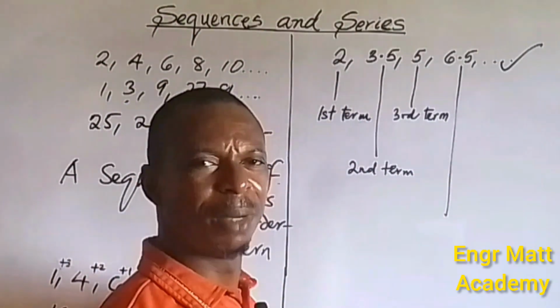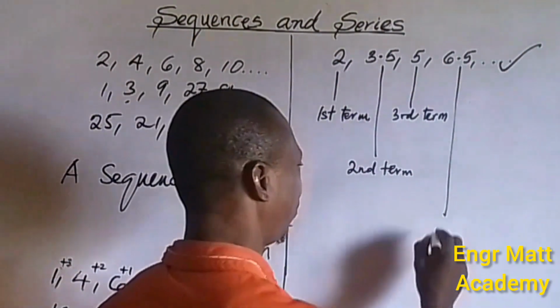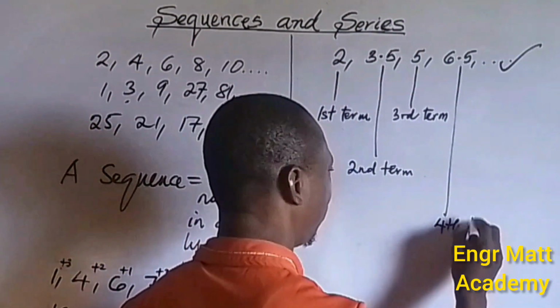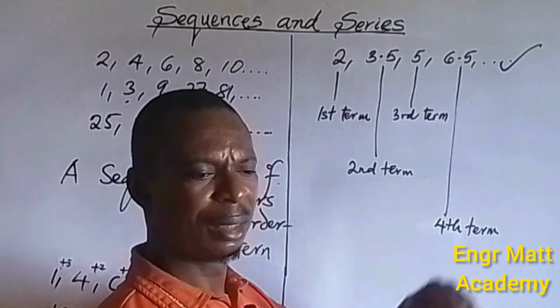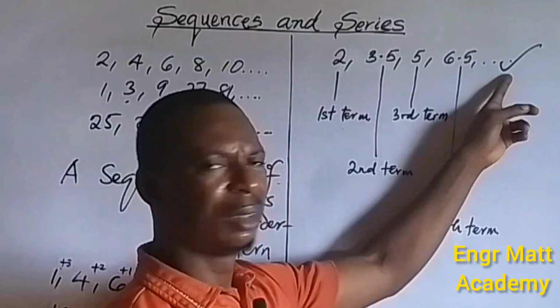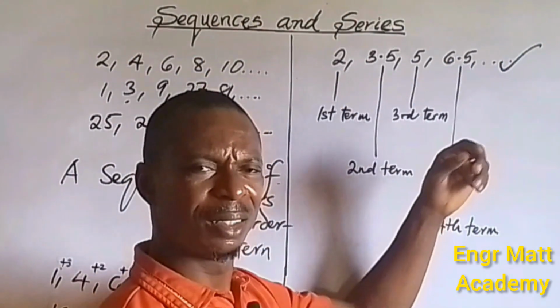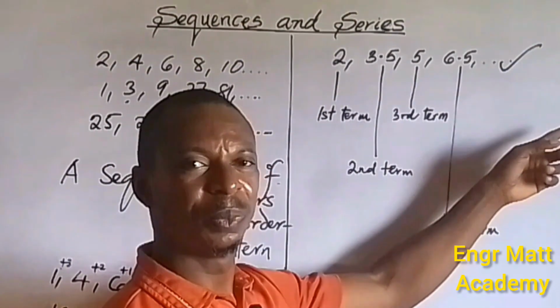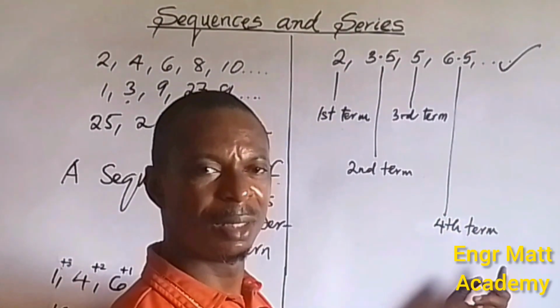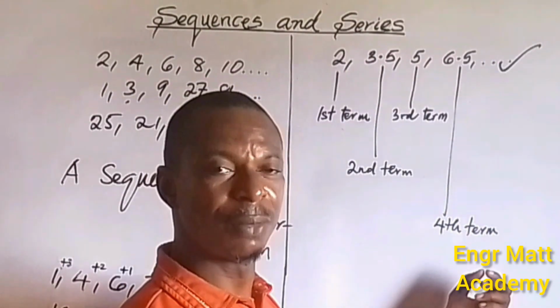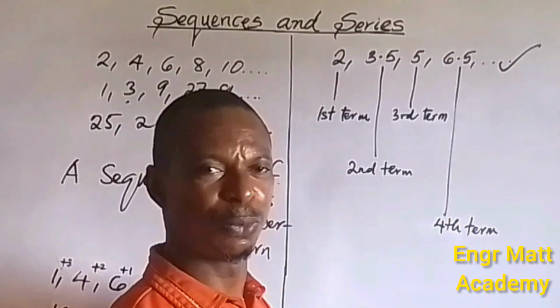And the fourth number is the fourth term. And these dots tell us that the numbers continue. So we can find the fifth term, the sixth term, the seventh term, and so on and so forth.